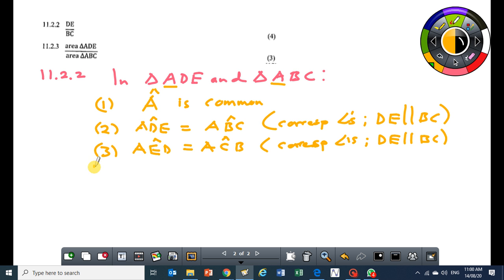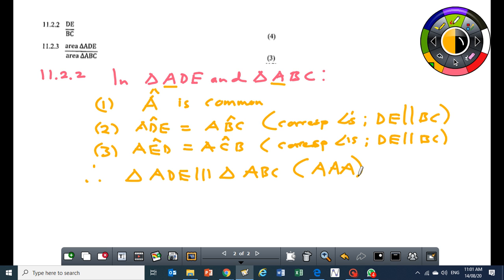Then I can say therefore triangle ADE is similar to triangle ABC. And my reason, I can write here triple A, or you can write equiangular triangles. So now that I have proved that that pair of triangles is similar, I can now write that the ratios of the corresponding sides are equal.